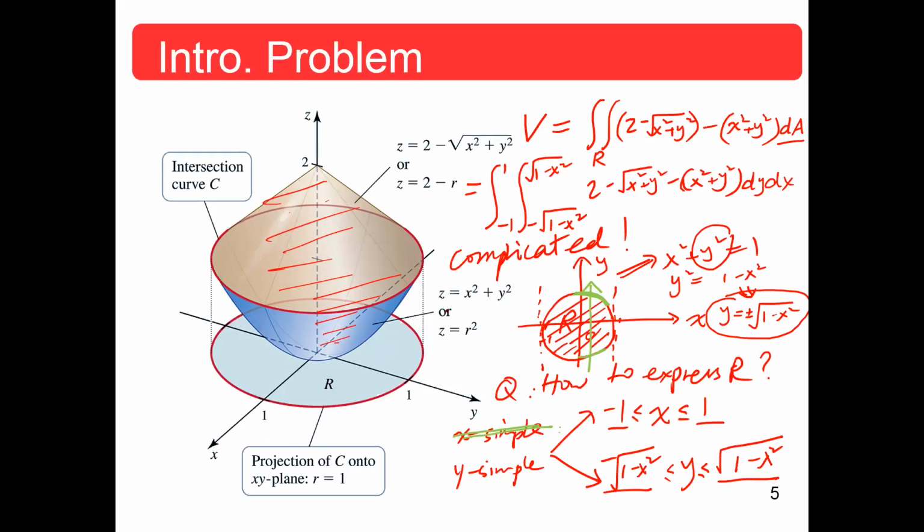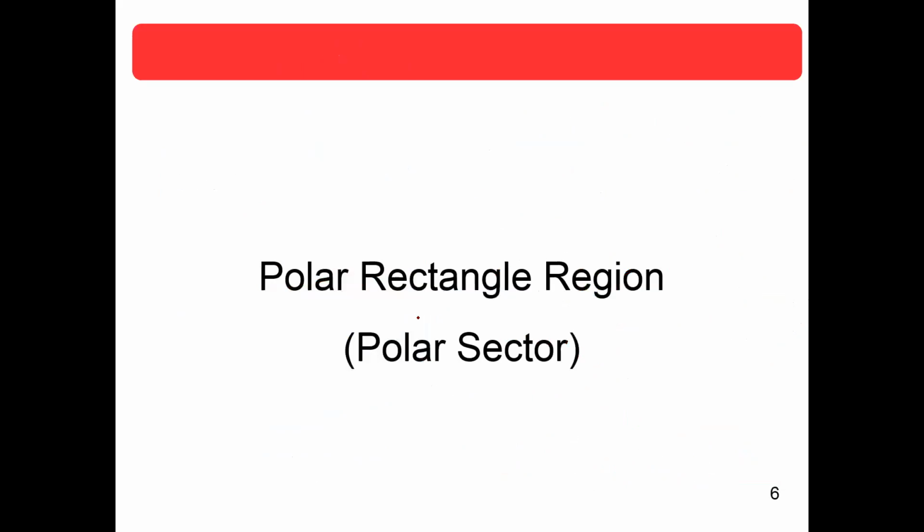So before we talk about the double integration, we can see that the difficulty basically comes from describing this region of integration, right? If you use x and y, it's very complicated, including these square roots. So let's take a look at the integration region in polar coordinates.